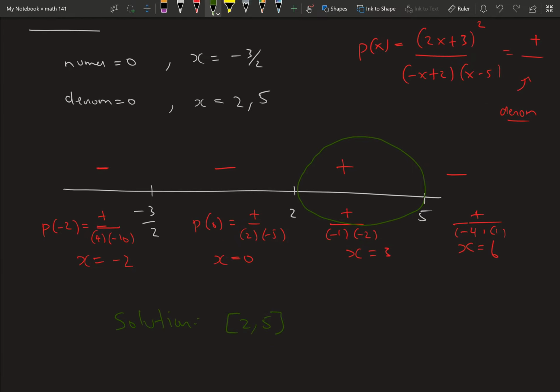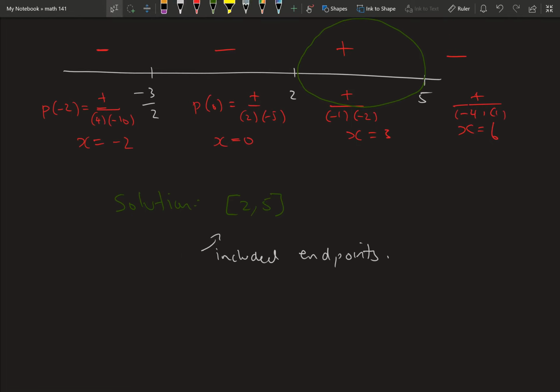Okay, so notice here we've included the endpoints. Now we're going to do an example where we have to do factoring in addition to this part. We're going to do 1 or 2 examples of that, and then we will end the video.